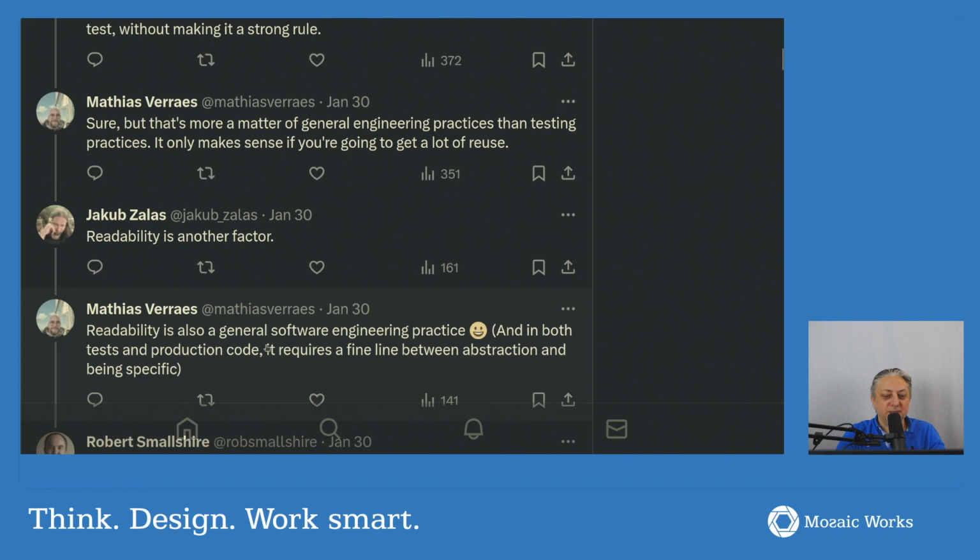And in both test and production code, it requires a fine line between abstraction and being specific. And I agree, this is a very interesting conversation, but I think one thing that's very different between production code and test code is that you want the test code to be even simpler, more readable, shorter than production code.